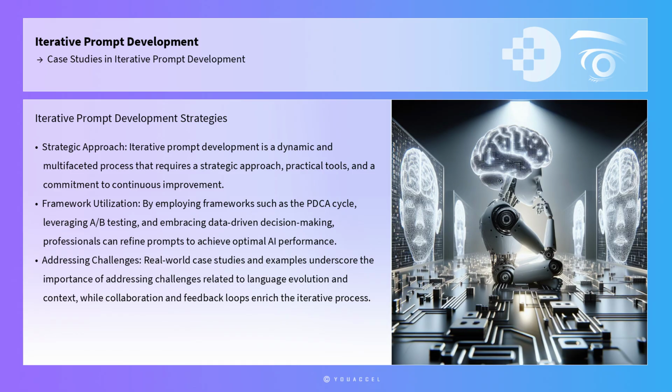Real-world case studies and examples underscore the importance of addressing challenges related to language evolution and context, while collaboration and feedback loops enrich the iterative process. As the field of prompt engineering continues to evolve, these strategies will remain essential for professionals seeking to enhance their proficiency and deliver impactful AI solutions.